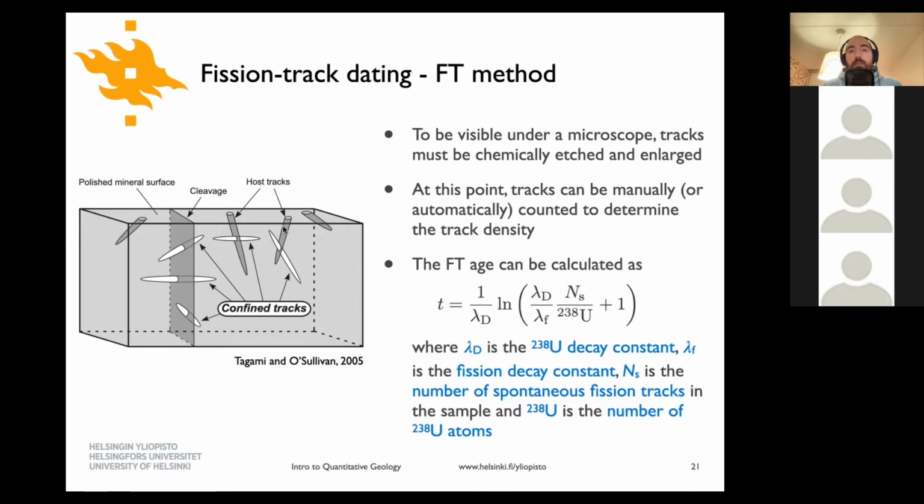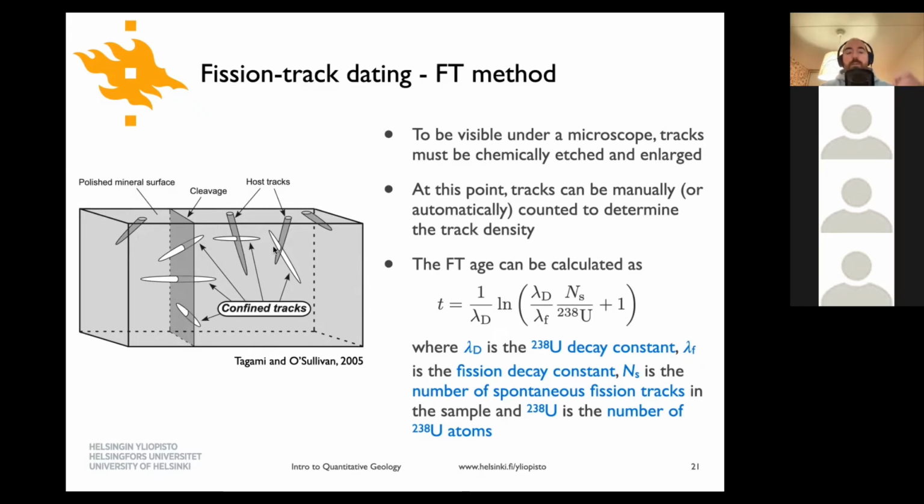Those tracks are not necessarily ideal, because they're going to be partially shortened by having cut this surface, but they can serve as pathways for acid to travel into tracks that are deeper within the crystal, these confined tracks, and those are more useful, because then you can see the full length of the track.